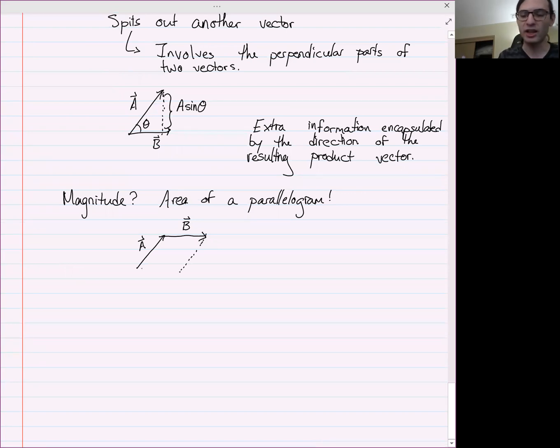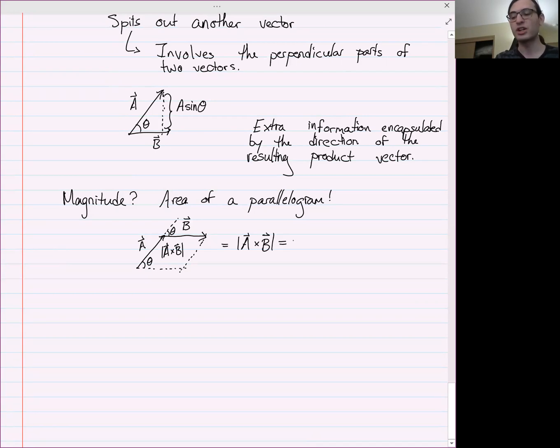You could draw a parallelogram formed by those 2 vectors, where this angle here, that angle's theta, is the same as that angle theta. So the area inside is equal to the magnitude of A cross B. That's the notation that we use, and that's the language I'll use.